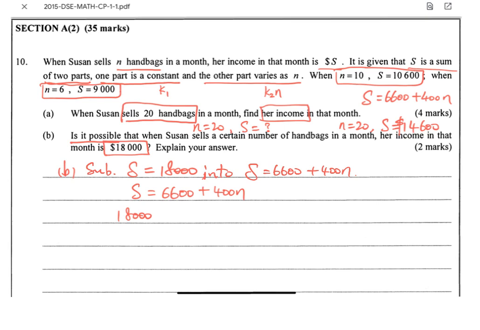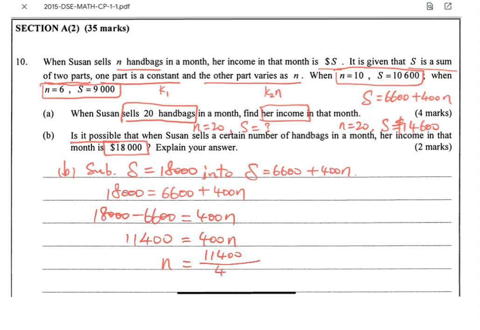Okay, try to solve it. So 18,000 minus 6,600, move the number to the left, so the left hand side should be 11,400, equal to 400n, and then n equal to 11,400 over 400.